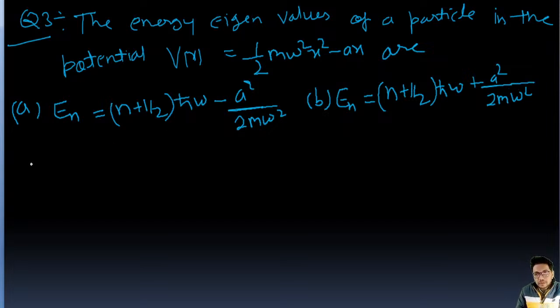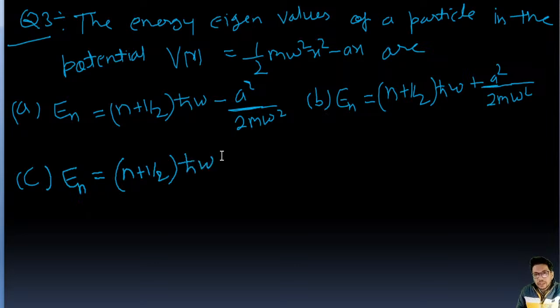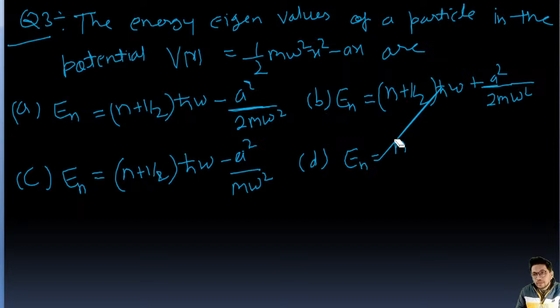Option C is En equals n plus half h cut omega minus a square upon m omega square, and option D is En equals n plus half h cut omega.